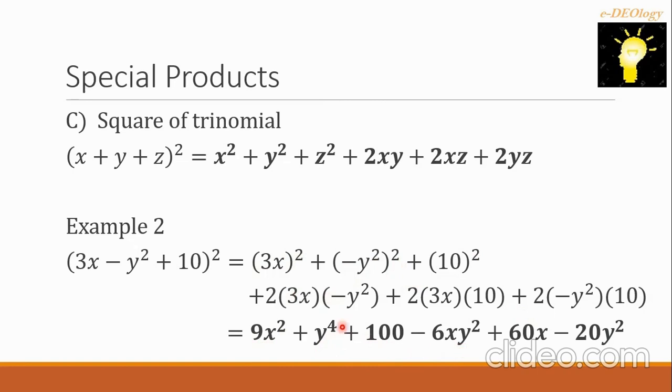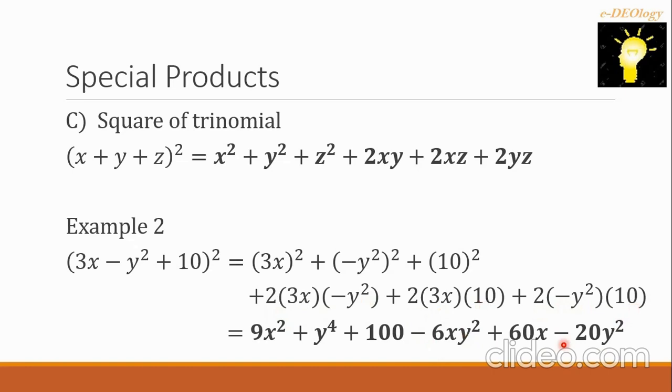For the fourth term here, I'm going to multiply 2 times 3x times negative y squared. So the negative sign comes here, and then 6, and then x, then y squared. For the fifth term, I'll multiply 2 times 3x times 10. It will give 60x. And the last term, I will multiply 2 times negative y squared times 10.